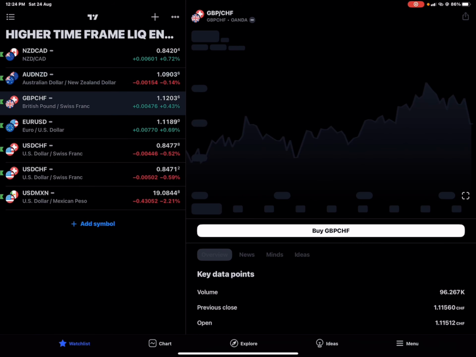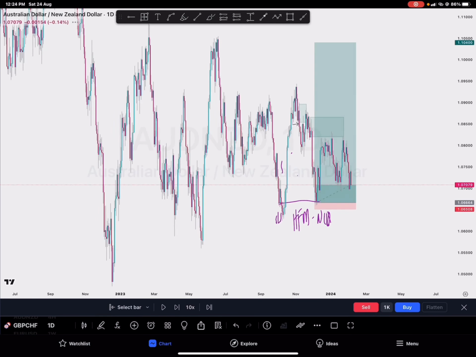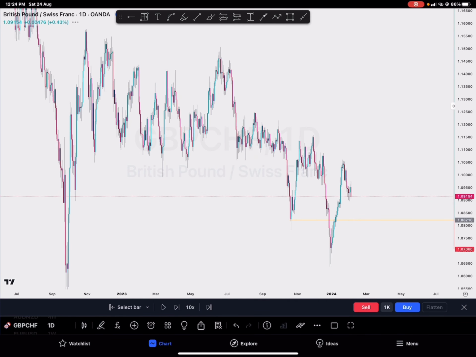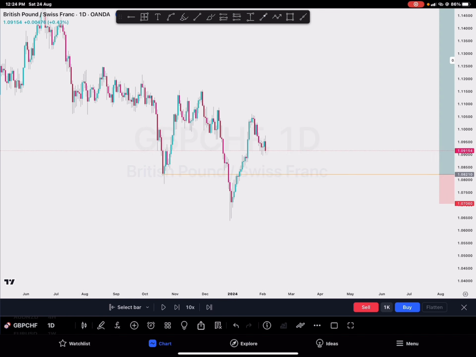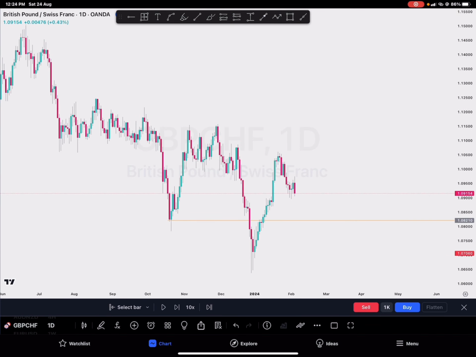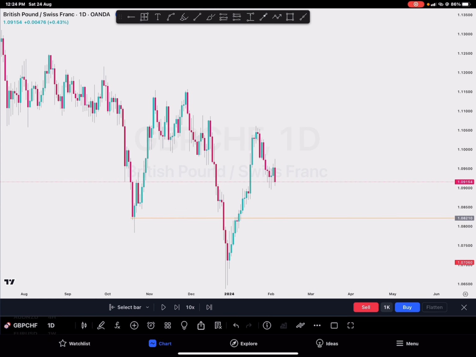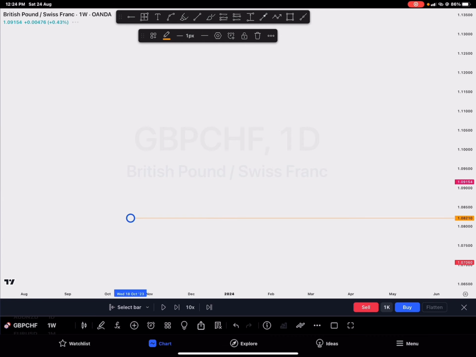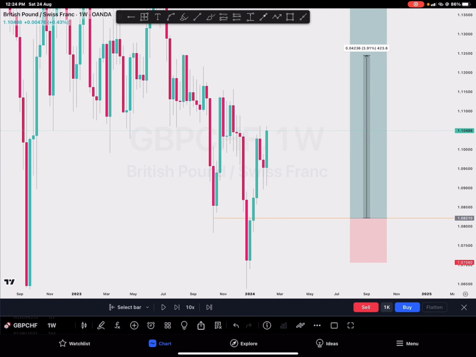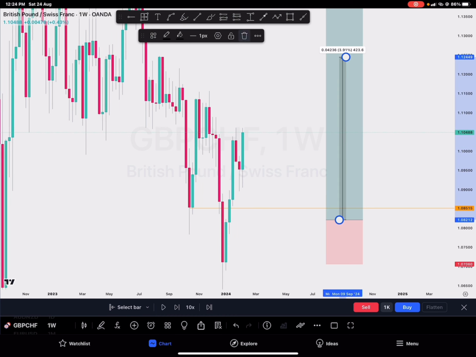So we also have our GBP CHF having a higher time frame normal liquidity engineering. Yeah, so now this was GBP CHF. As GBP CHF was coming, it had this higher time frame normal liquidity engineering from the weekly time frame.